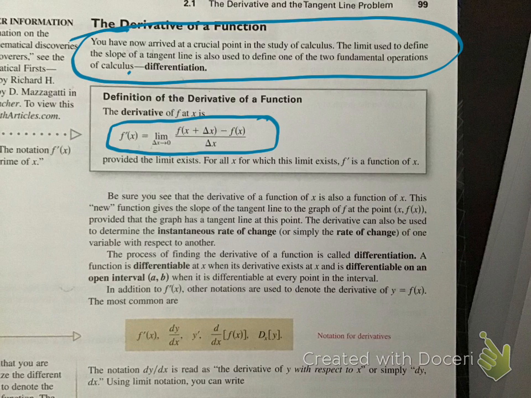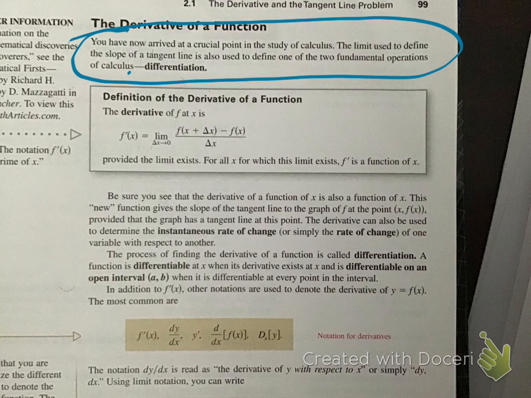So this process of finding a derivative is called differentiation. So we have the definition of the derivative. You should pause and write this down. The derivative of f at x is f prime of x equals the limit as delta x approaches 0 of f of x plus delta x minus f of x over delta x, provided the limit exists.